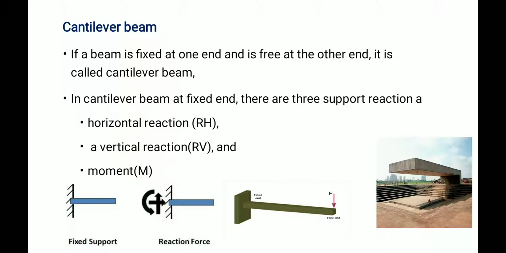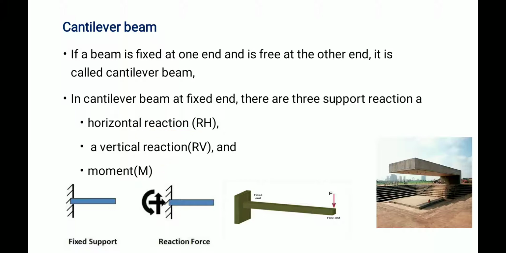When I apply a horizontal force, it won't move, so a horizontal reaction will be created at the fixed end. When I rotate, a reaction moment will be created in the opposite direction, thereby maintaining equilibrium. So a fixed end has a horizontal reaction, a vertical reaction and a moment.